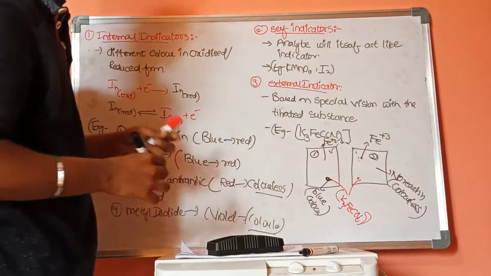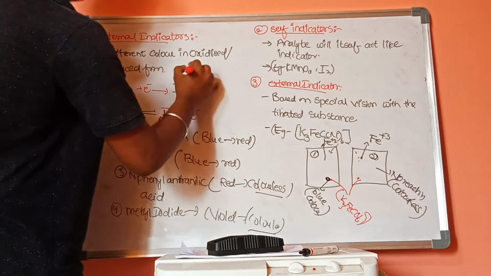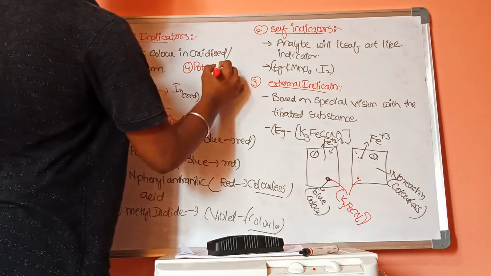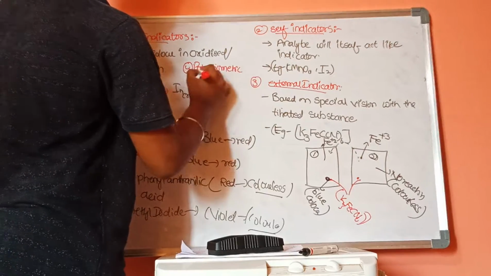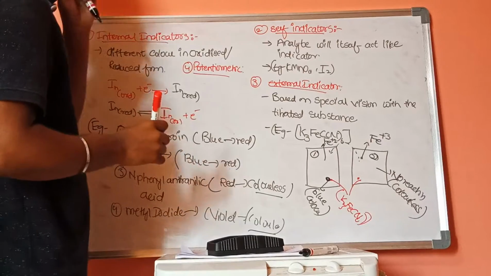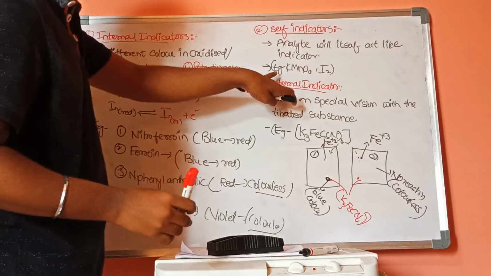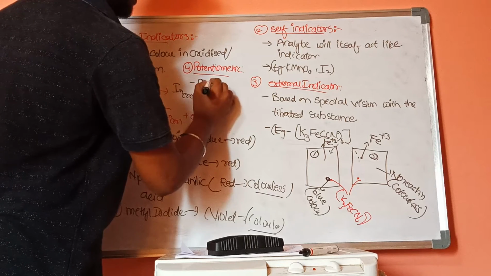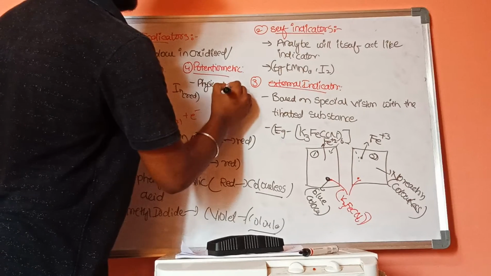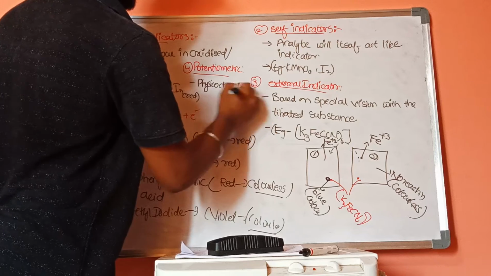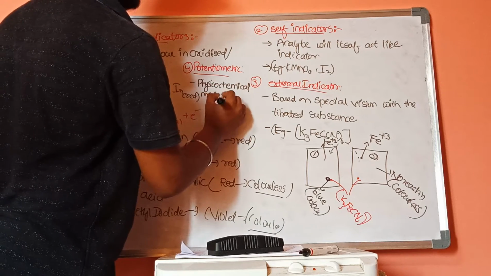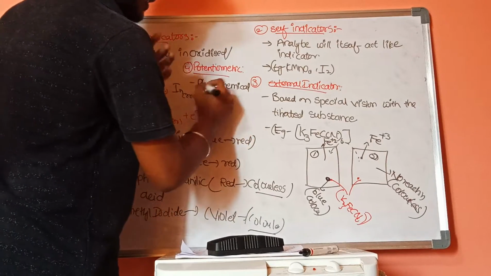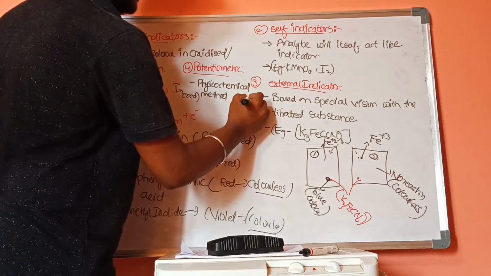These are external indicators. Now the fourth one is potentiometric. First one is internal, second one is self, third one is external, fourth one is potentiometric. It is a physico-chemical method used as an indicator.